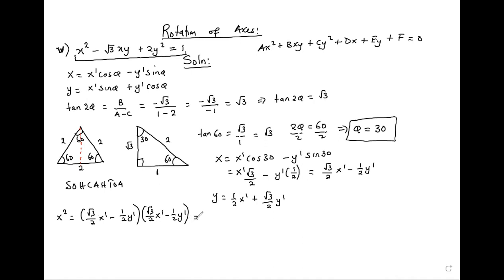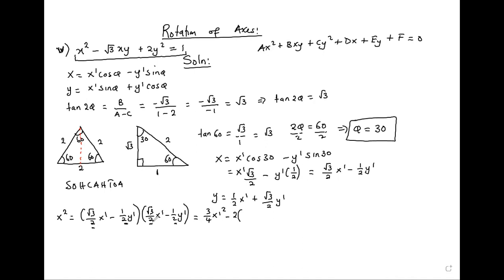This is going to be 3/4 x prime squared minus 2, because we're going to get 2 of them, when you do this one times this one, and this one times this one, you get the same thing.